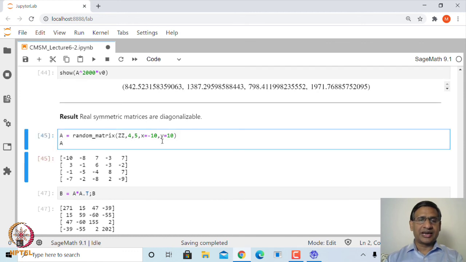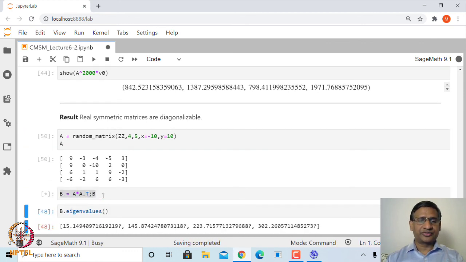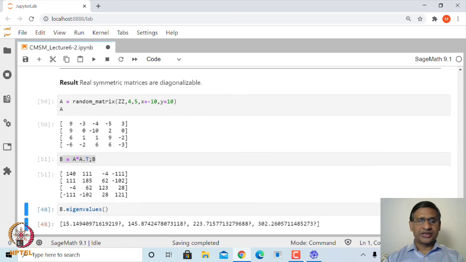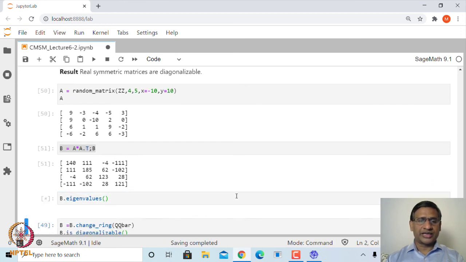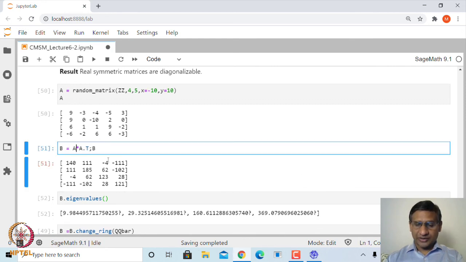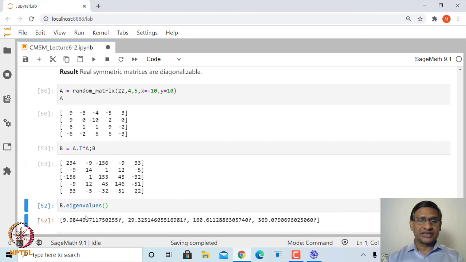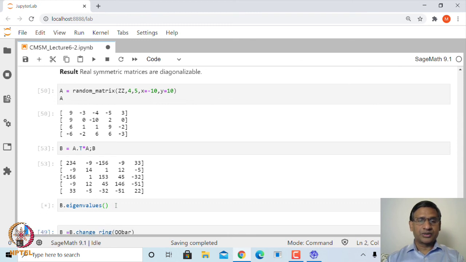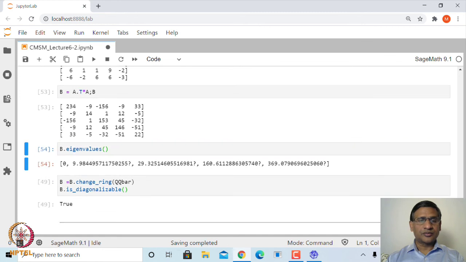Let me generate another random matrix, and this is B, and let us find out what the eigenvalues are. And one thing you should notice here is that all eigenvalues of this B are non-negative actually. For example, if I look at A transpose times A, this will be a 5 cross 5 matrix. Now, if you look at the eigenvalues of B, one of the eigenvalues should be very close to 0.